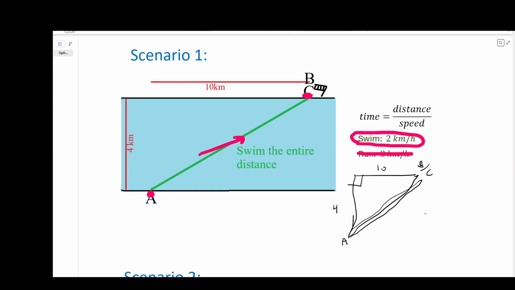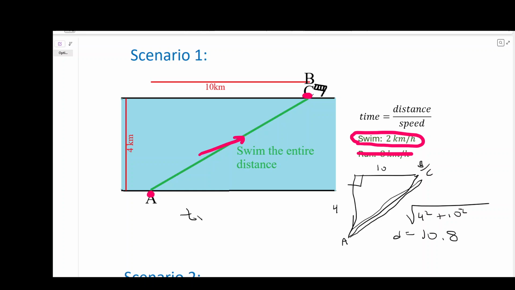And that distance can be calculated using the Pythagorean theorem. So a squared plus b squared and then square root the answer. So that distance, if you swim directly from A straight to C, is the square root of 116 or about 10.8 kilometers. And we can also, since we're here, calculate the time that would take.